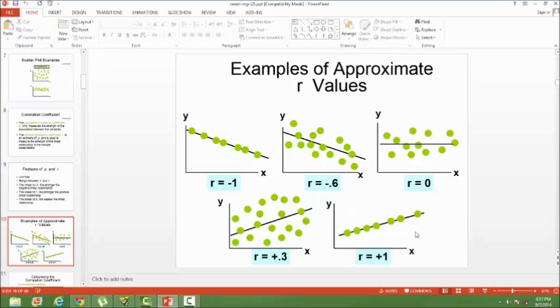In the last one, you can see the points are lying on the same line, but there is a direct relationship between x and y. So your correlation is +1. And the other graphs, where the correlation is 0.6, -0.6 and +0.3, are just approximations. It could be anything. We'll see how we really measure this value accurately by looking at the data.